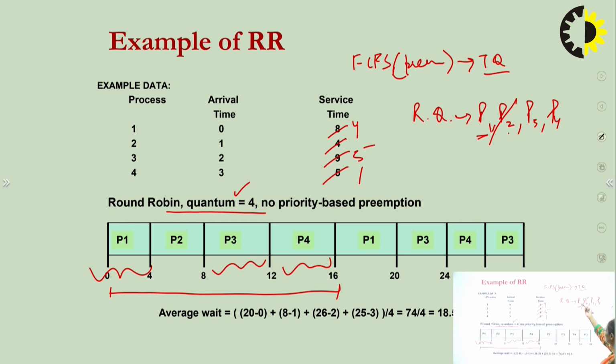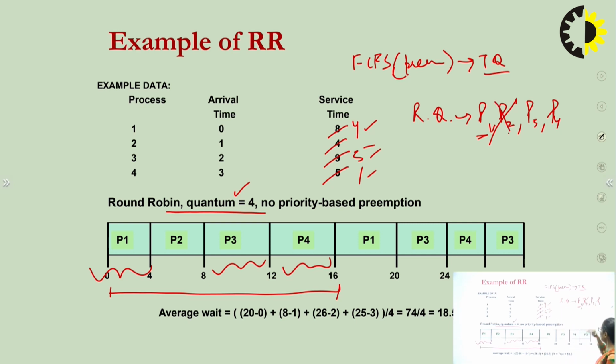Again we pick up the processes from the ready queue in FCFS manner and allocate the same time quantum value, but now we are taking the remaining time of these processes.